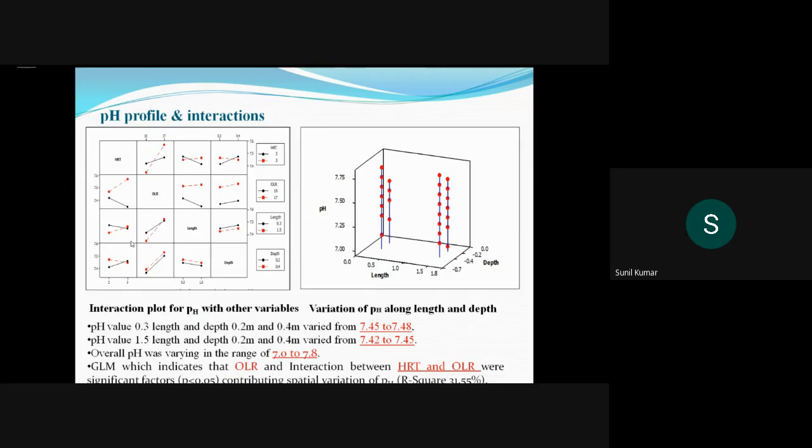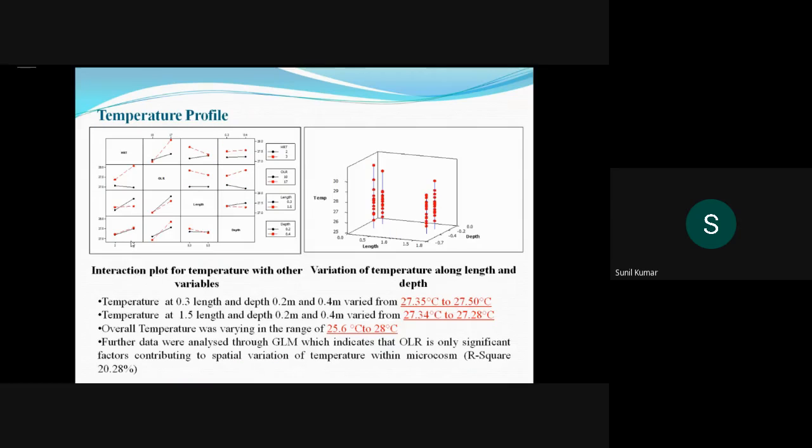We know that in an anaerobic process, pH will vary between 4 and 6. Temperature variation we also studied, because the higher the temperature, the higher the rate of reaction, in order to find out the temperature variation within the root zone media.